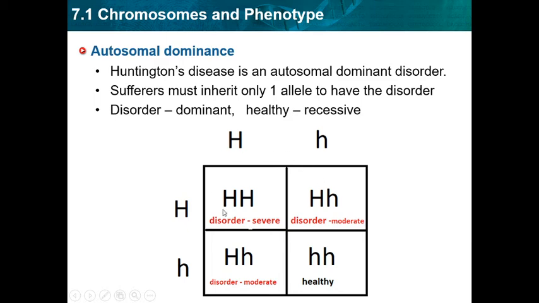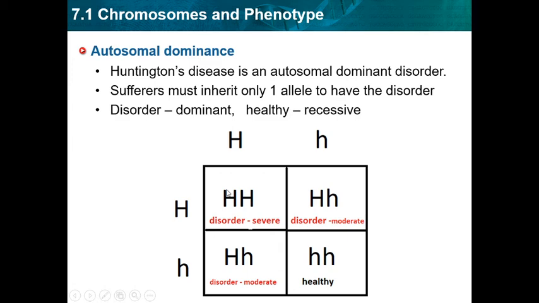So if you look at this Punnett square, if the parents are heterozygous for Huntington's disease, the first one, the capital H, homozygous dominant, will have a severe case of Huntington's because the child inherited the dominant trait from both parents.